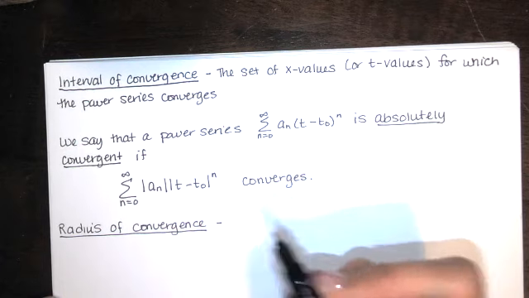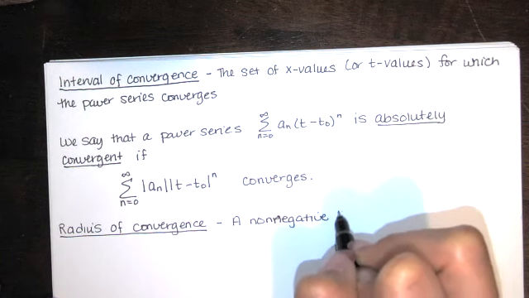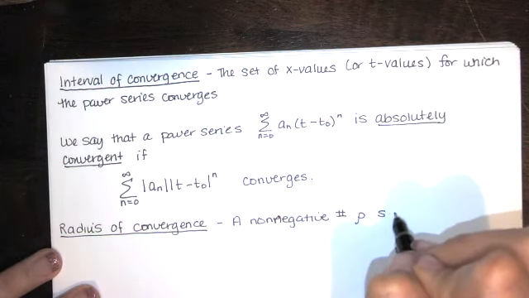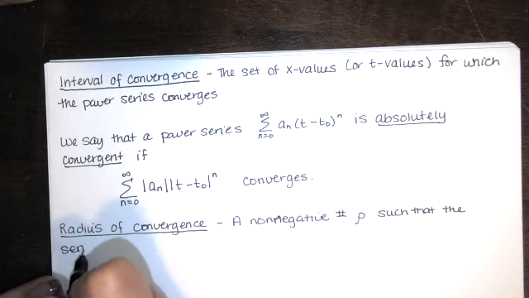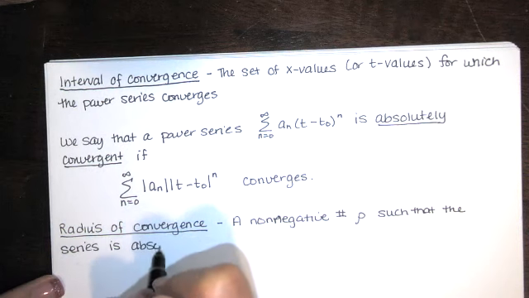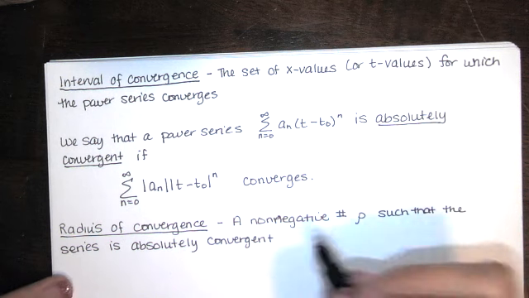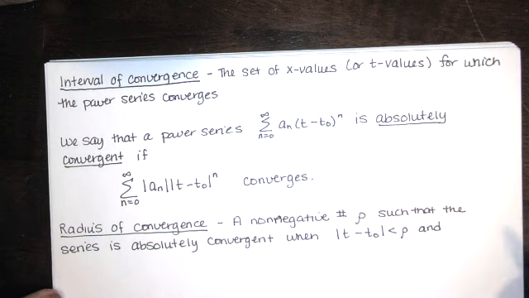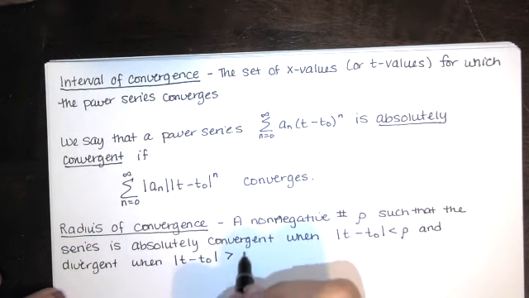Now, the radius of convergence is a non-negative number, we're going to use rho, such that the series is absolutely convergent when the absolute value of t minus t naught is less than rho, and divergent when the absolute value of t minus t naught is strictly greater than rho.